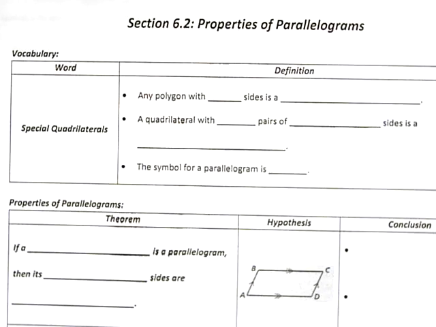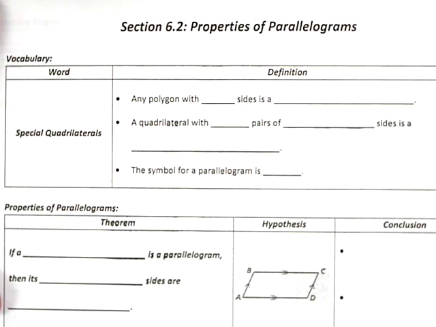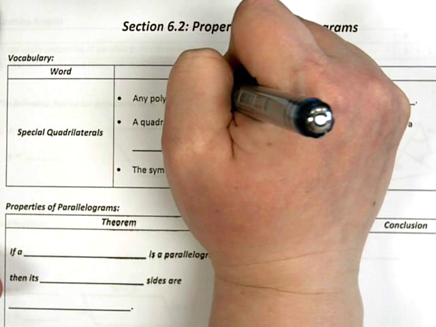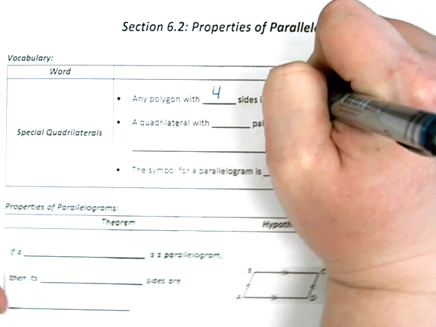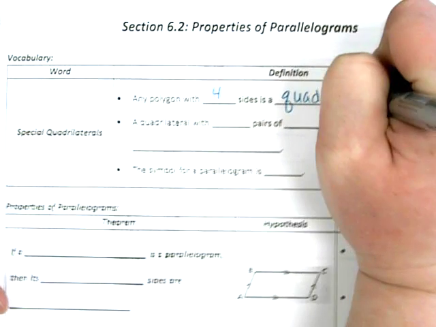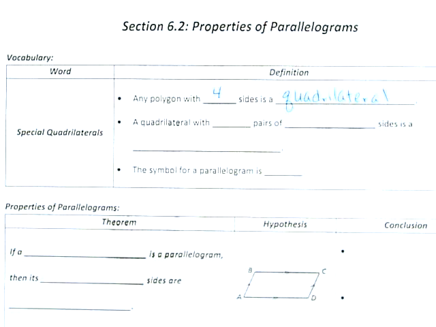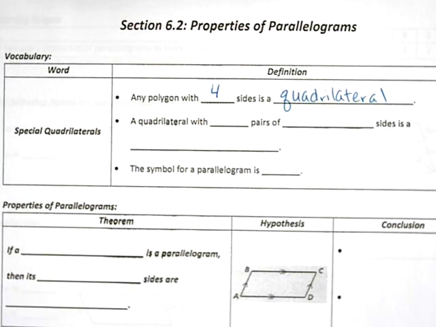So a special quadrilateral, okay, first we need to figure out what a quadrilateral is. Any polygon with 4 sides is considered a quadrilateral. All right, we've been working on identifying whether a figure is or is not a polygon, so identifying a quadrilateral should be pretty easy.